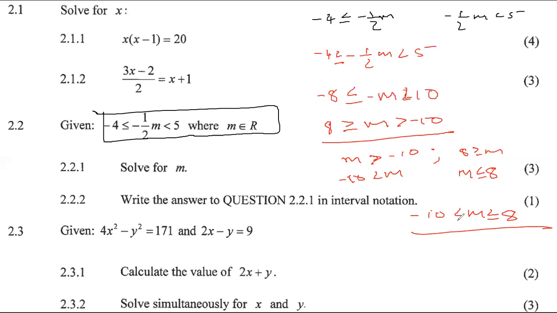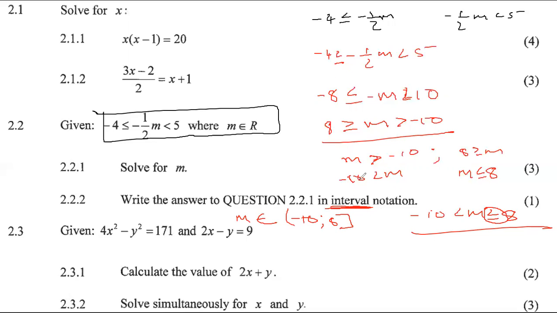That's it. Write down the answer to question 2.2.1 in interval notation. Okay, this is an interval, but it's just using inequality signs. So if we want to write it in interval notation, we'll say m is an element of the interval minus 10 to 8, but here we must use a square bracket because that sign there says less than or equal to.